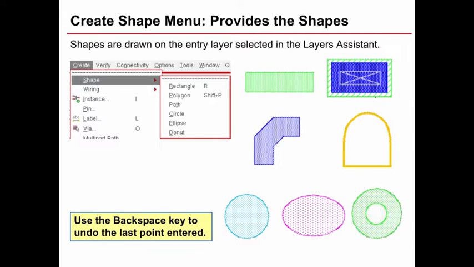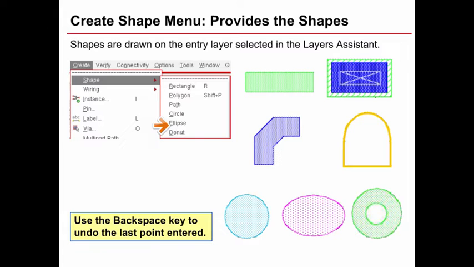So here's Create Shape. You got Rectangle. That's pretty straightforward. It'll ask you for corners. Polygon, it's going to ask you for points. Path, it's going to ask you for center lines. Circle, it's going to ask you for the center and then the outside.